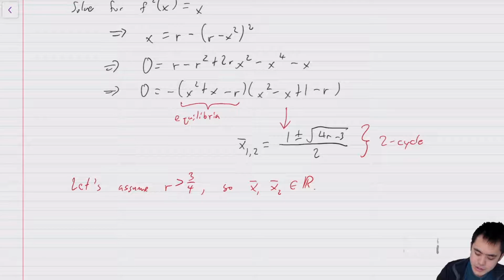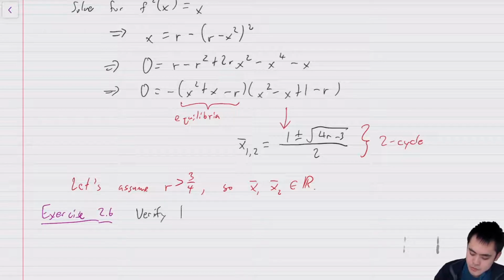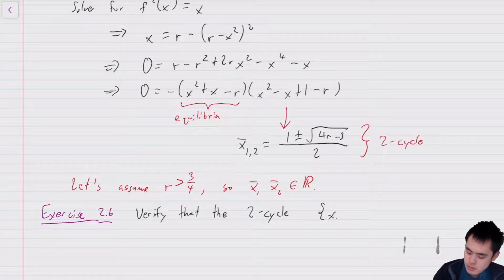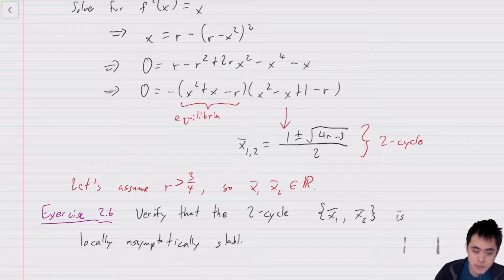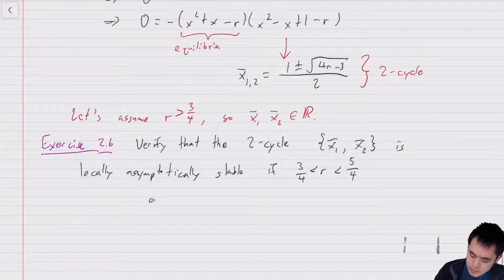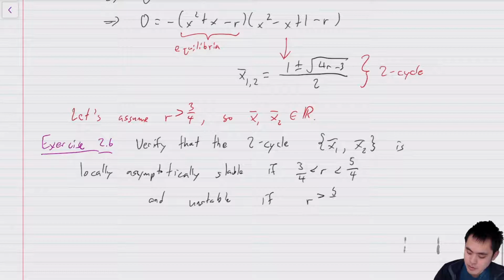And one of your exercises for the breakout session is going to be this exercise: verify that the 2-cycle x1 bar, x2 bar is locally asymptotically stable if r is between 3/4 and 5/4, and unstable if r is greater than 5/4.